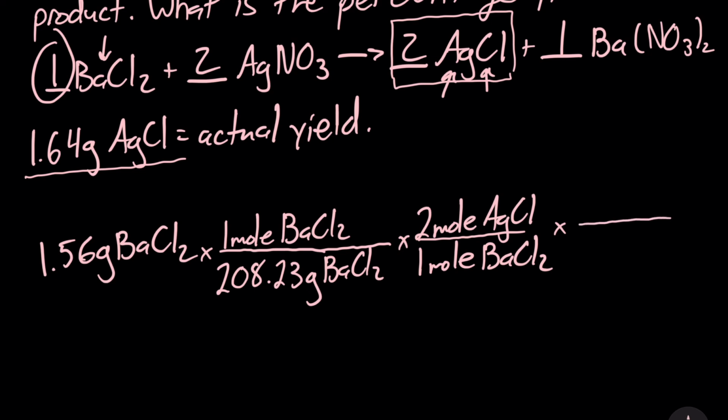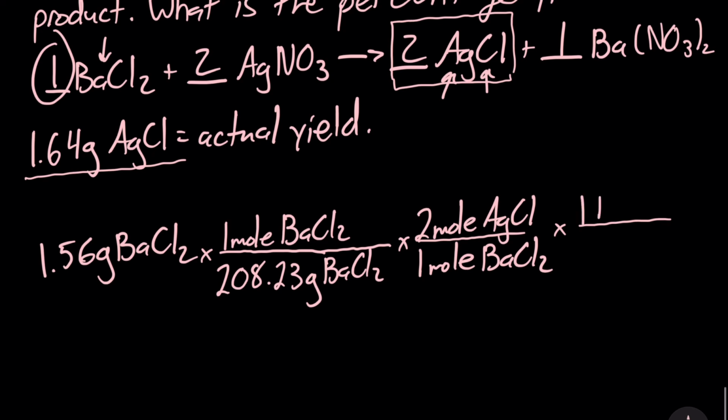And if we were to stop there, we would be at moles of AgCl, but we want to get to mass. So we have one more step here. We'll multiply this by the molar mass of AgCl. So the molar mass is 143.32 grams of AgCl. Sorry, I'm running out of room.